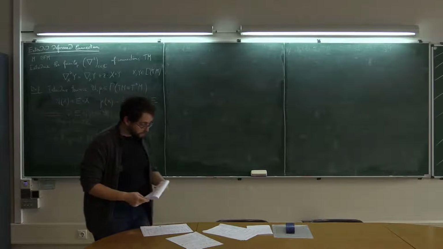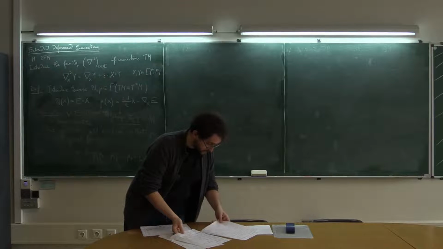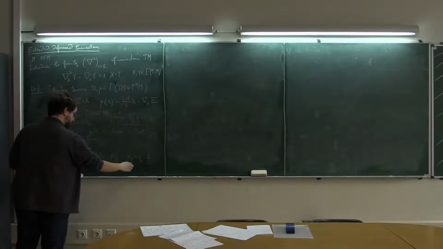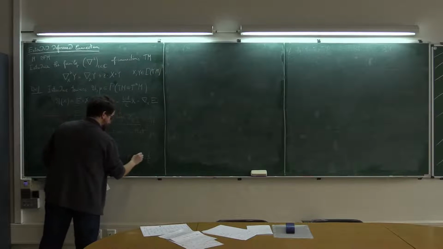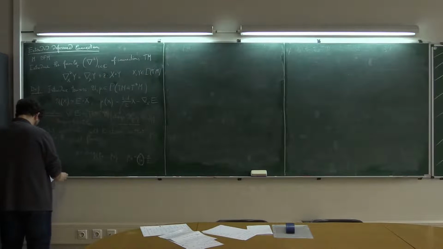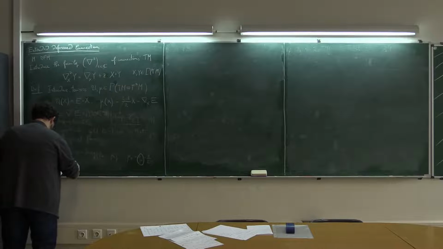I recall from the first lecture on Frobenius manifolds that these coefficients q_alpha appear in the following expression for the Euler vector field. So the Euler vector field was assumed to have the following form in flat coordinates.